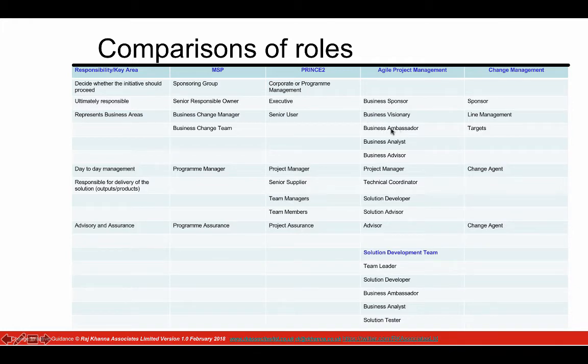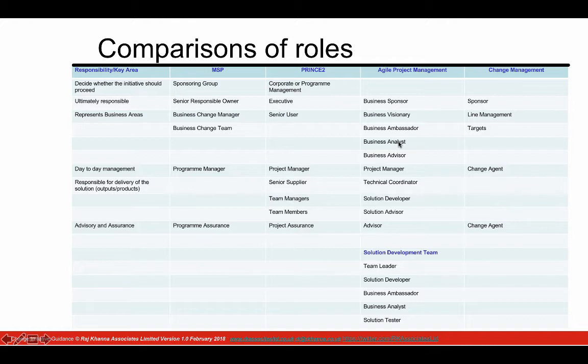So a business ambassador is empowered by the business visionary. There is a role called the business analyst. And a business analyst is somebody who's purely looking to see whether that solution will work from a business perspective. So where does my cooker go?